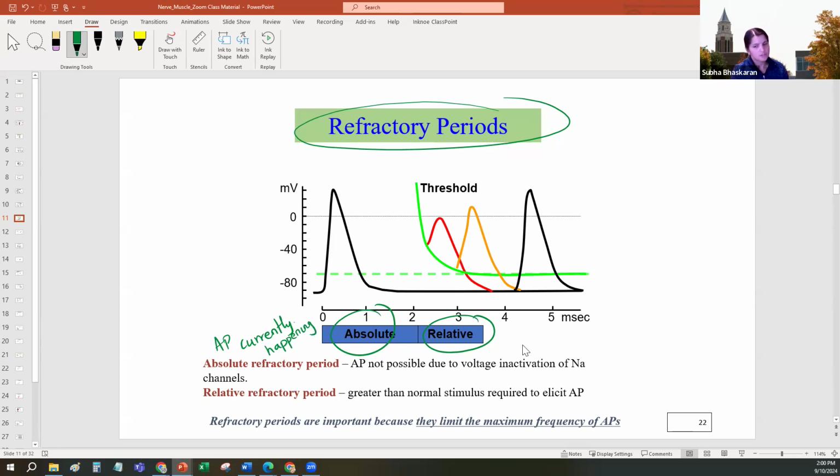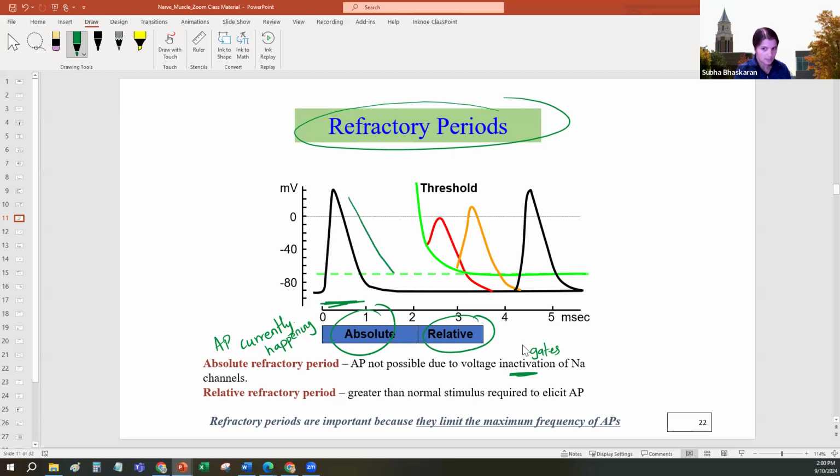Voltage gated sodium channels, if you take a closer look at those channels molecularly at the cellular level, they have something called inactivation gates. So they are inactivated, and they don't allow another action potential during this absolute period.